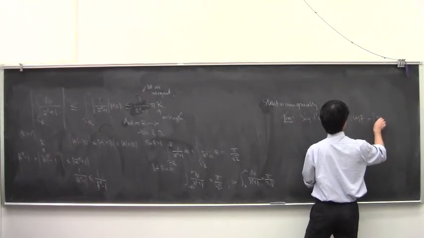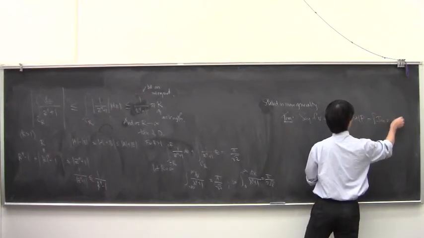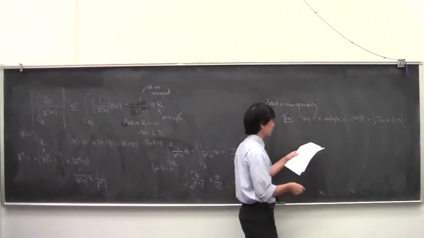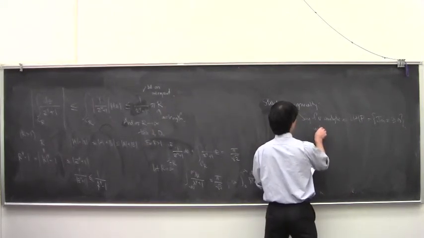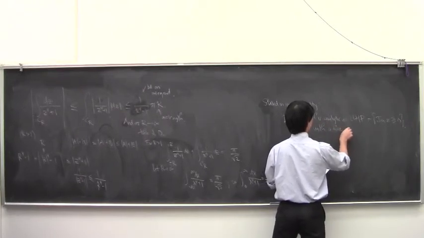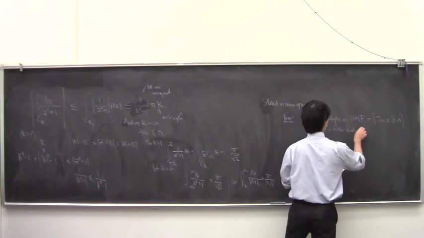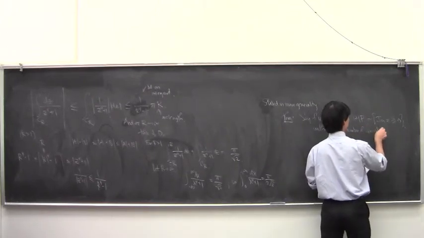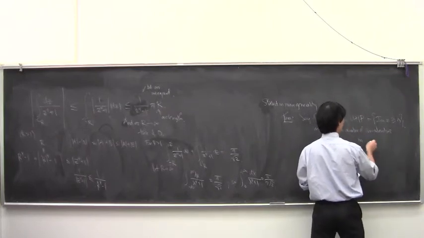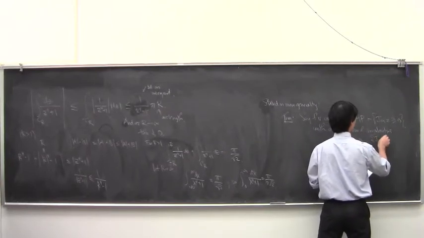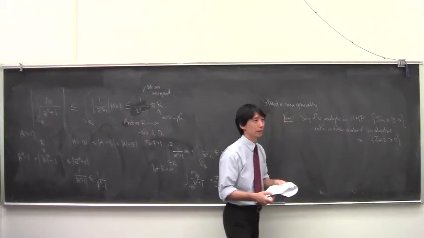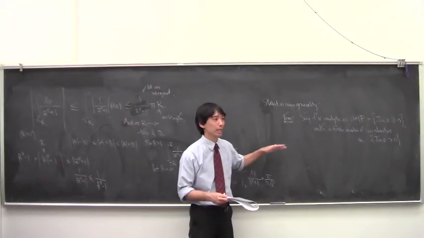Let's just say the closed upper half plane, with a finite number of singularities in the open upper half plane. So at this point, we're not allowing singularities on the real axis.